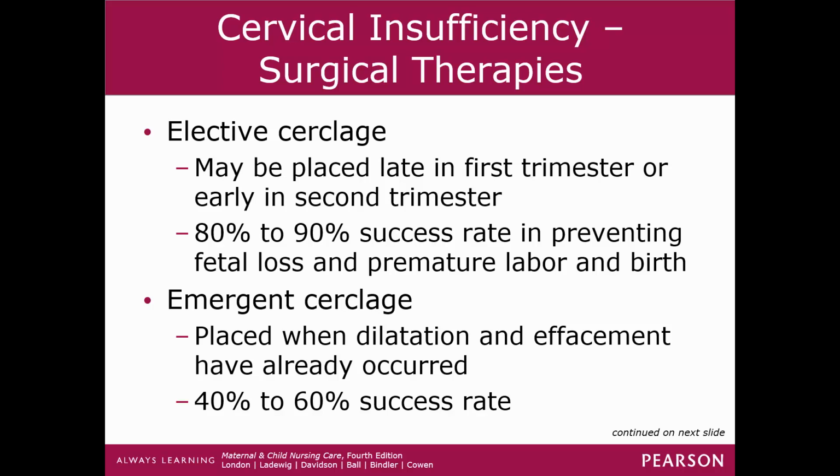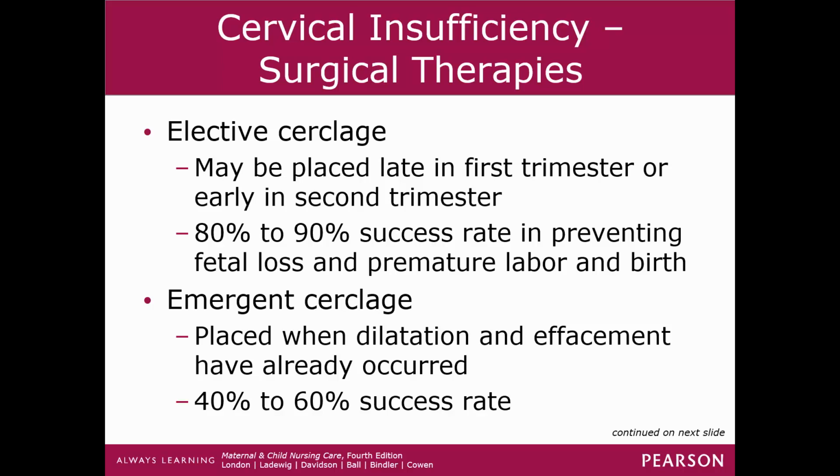Now, if she has a history of cerclages in the past, or if she is developing signs of an incompetent cervix, they can just plan to go in and do a cerclage even before she starts dilating. So like if this was a subsequent pregnancy.